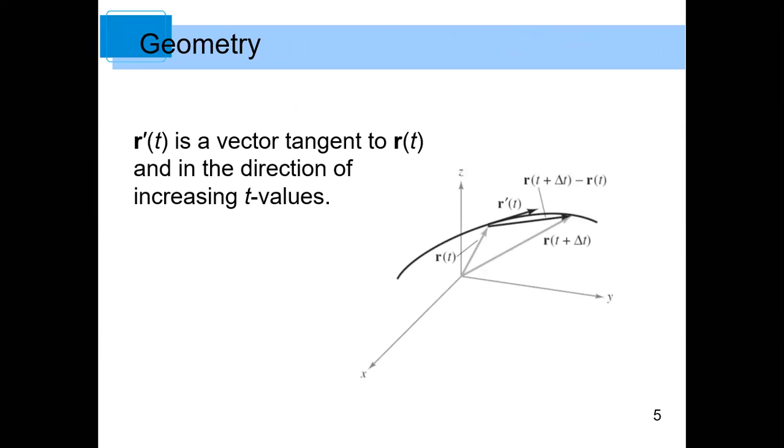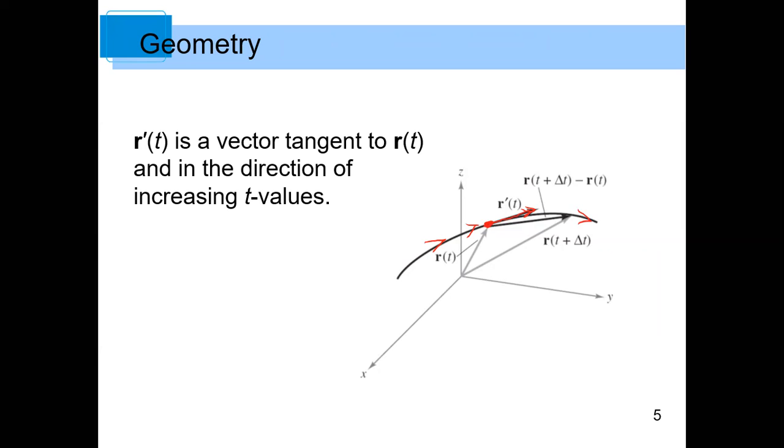Here's a picture. R prime of t, and this curve right here, I'm telling you, is kind of moving in this general direction, okay? R prime of t is going to be basically like a tangent vector at a given point, okay? So if this is r of t, with terminal end right there, then r prime of t is going to be a tangent vector at that given point, yeah?